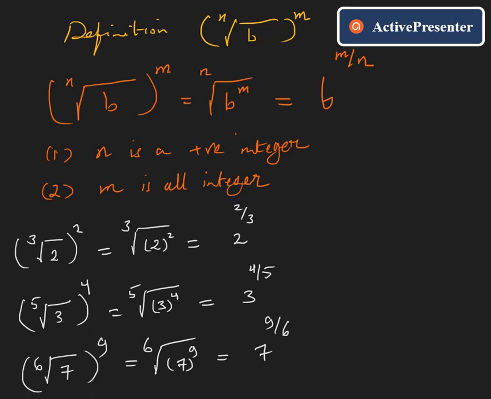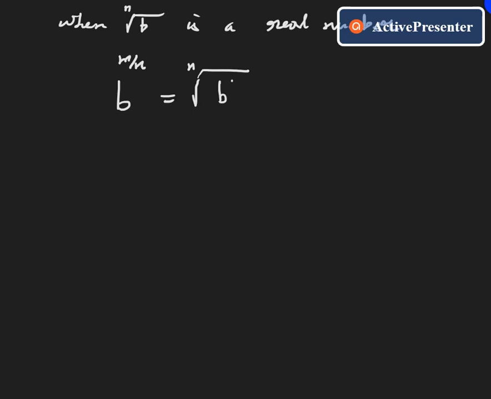To understand this definition more, when the nth root of b is a real number, remember that b to the power m over n equals the nth root of b to the power m.